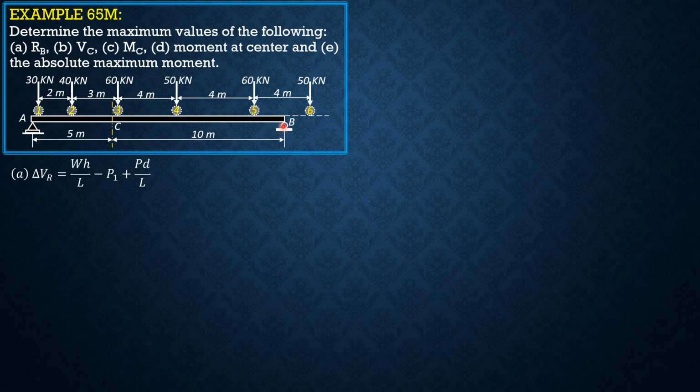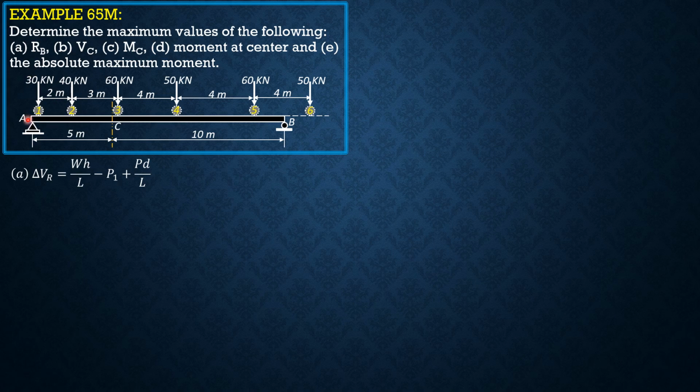So load 5 over B. When load 6 was over B, 4 plus 4 plus 4 plus 3, that's 15. So the 2 kilonewton load is over A when load 6 is over B. Now that load 5 is over B, that means the 30 enters a distance of 4 plus 4, 11, plus 3, 11, plus 2, 13.